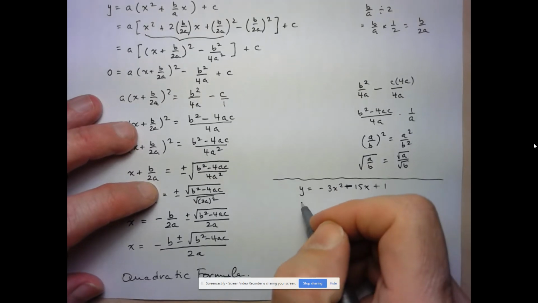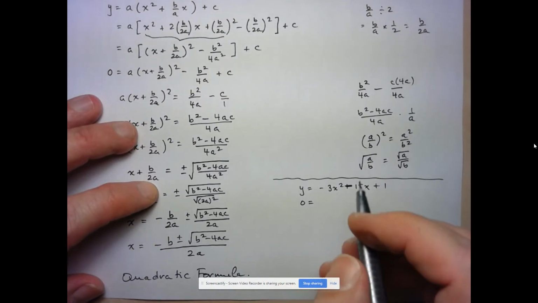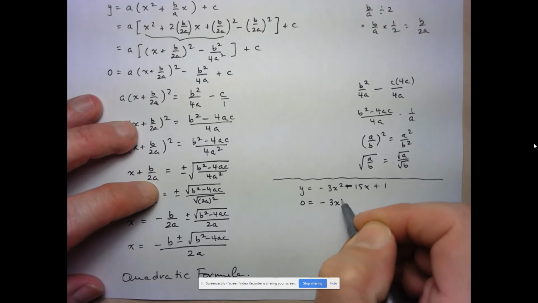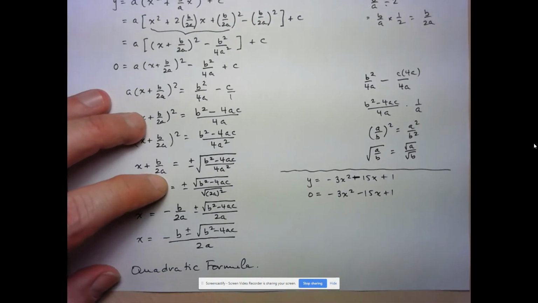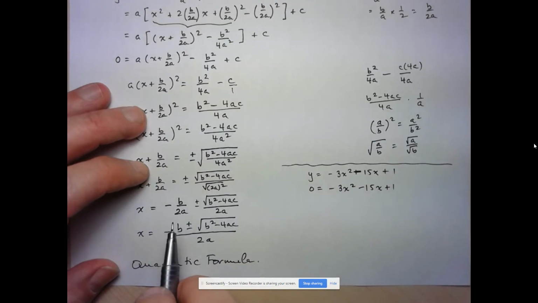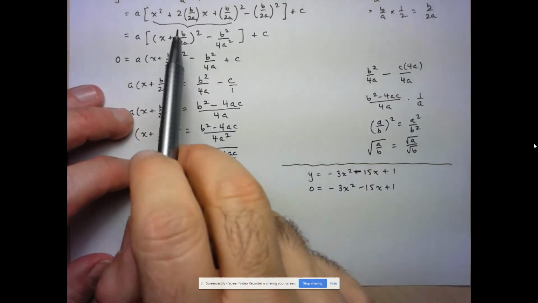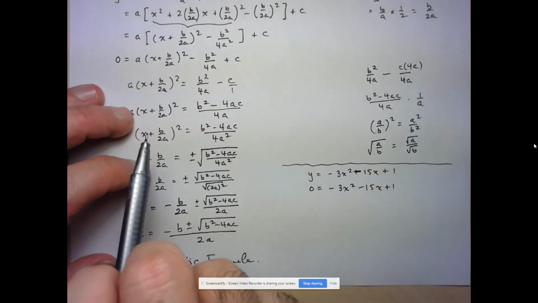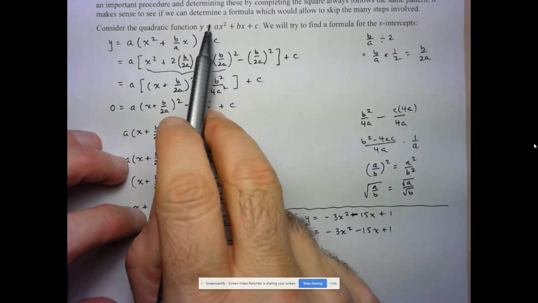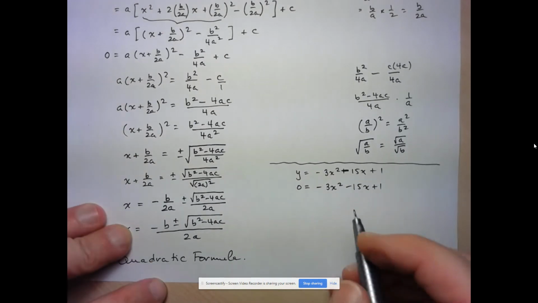And I want to find the x-intercepts. In other words, I make y equal to 0. I can do that by just applying this formula, because I generated this formula by doing it with the most general quadratic you can get. So let's apply the formula here.